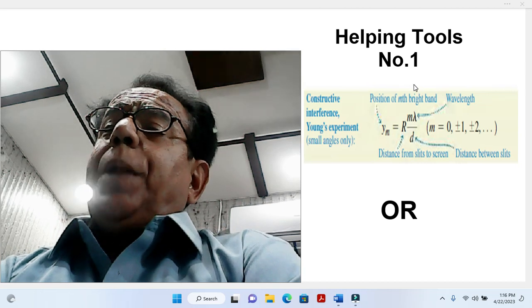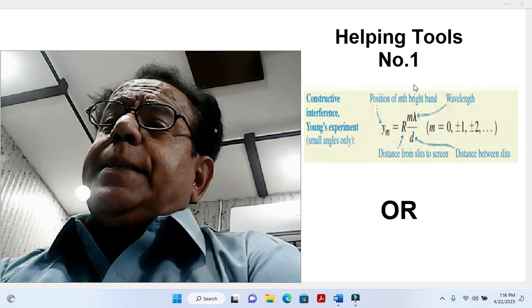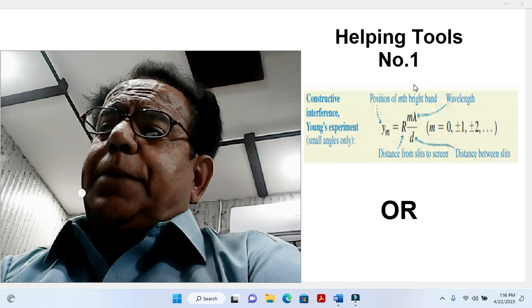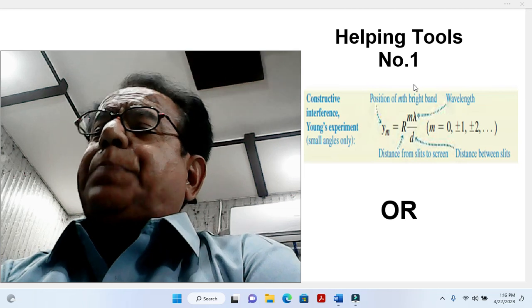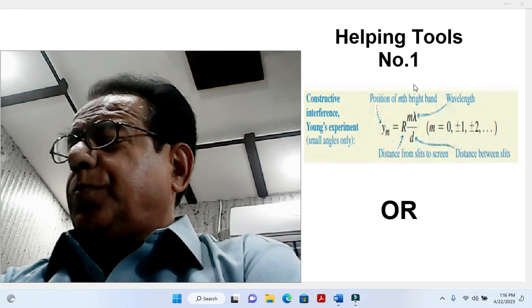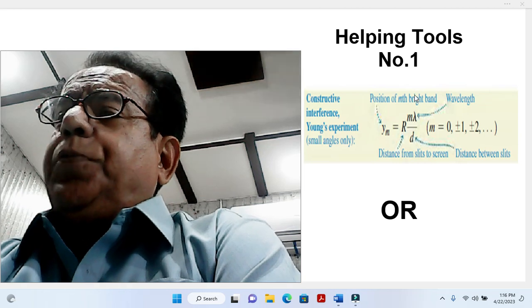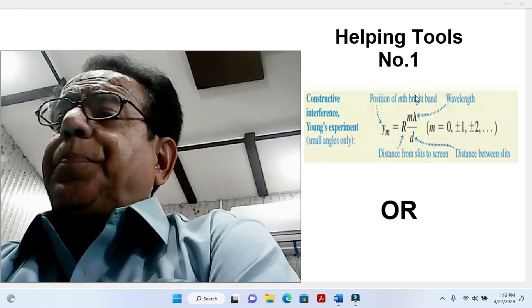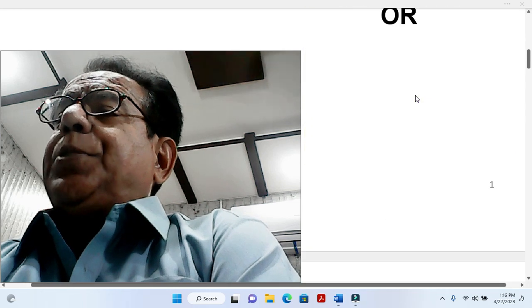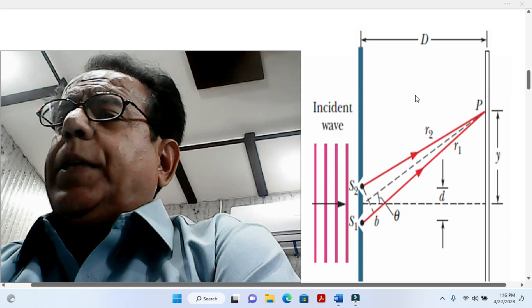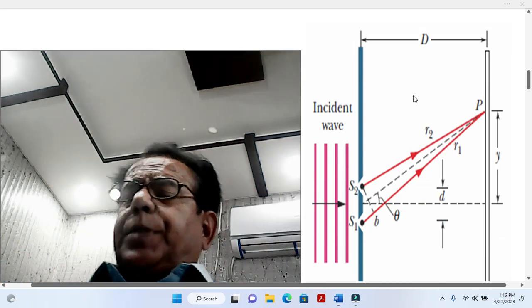We have to apply only the result derived by Young in his double slit experiment. So we move to the next version of this tool, in which a figure has been shown about Young's double slit experiment. This is the figure.